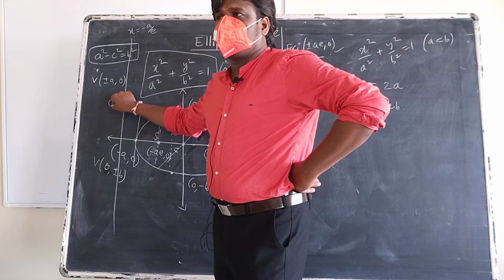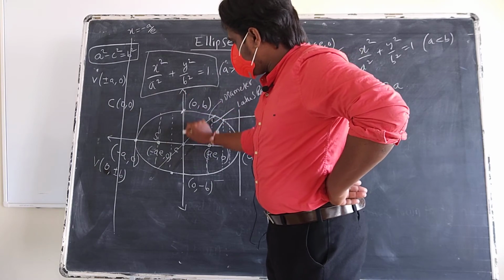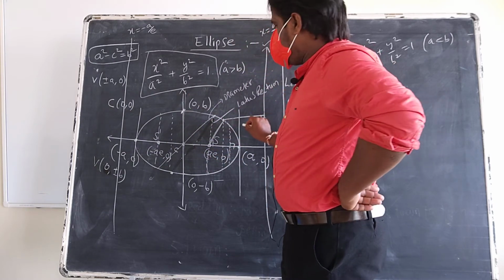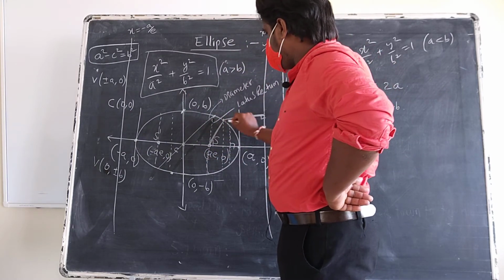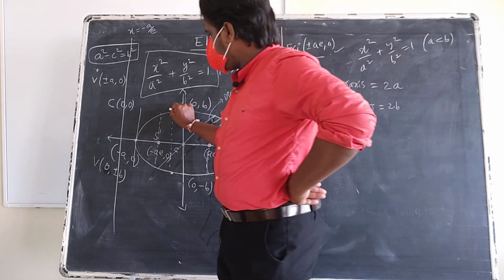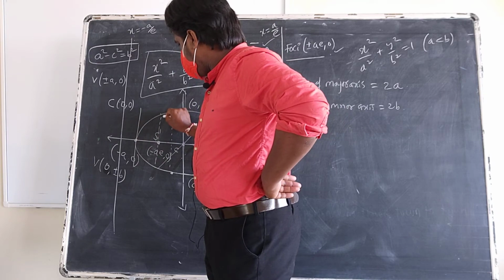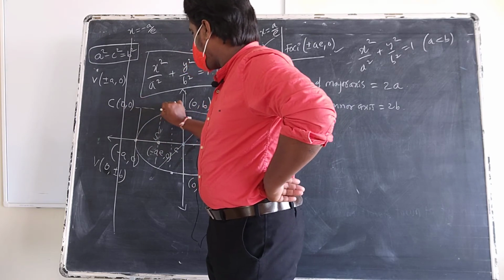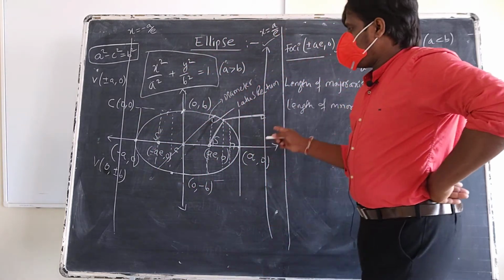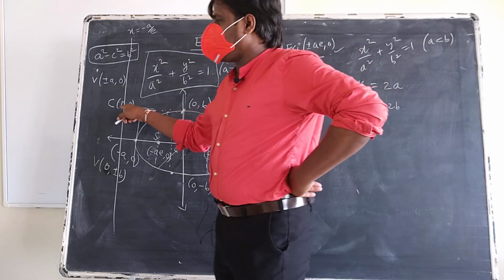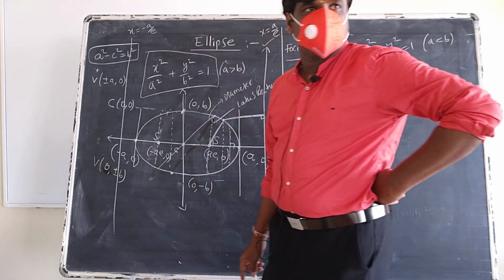Don't take that, that is wrong. If I am taking this side, I have to consider this directrix and this focus. If I take any point here, then I have to take this focus and this distance. You should not take this point and this directrix at any time.